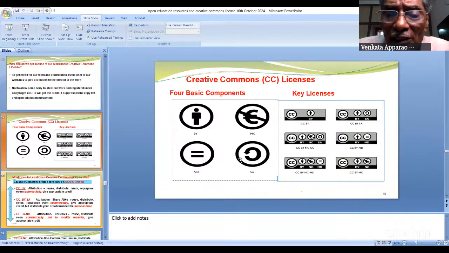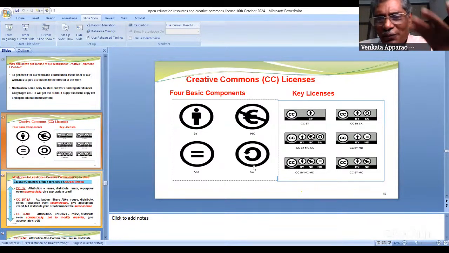Then here there is a circle, and then there is a circular arrow. This means SA. SA is written here. It means share alike. Share alike means you can modify the video, but the modified video, you have to register under the same original license.